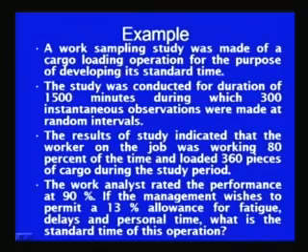So, here we have the important data: the total period of the study is 1500 minutes, and in total 300 observations were carried out spread over 1500 minutes, and the study showed that he loaded 360 pieces over the entire period of 1500 minutes, and he was found to be working for 80% of the time, and his performance was rated 90%, and the management allowed him 13% allowance.